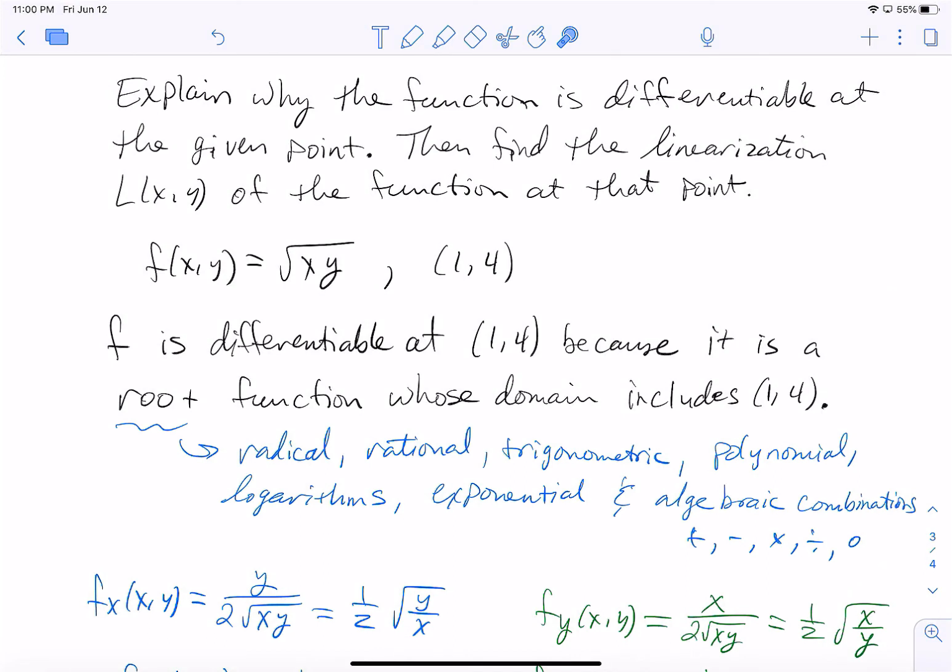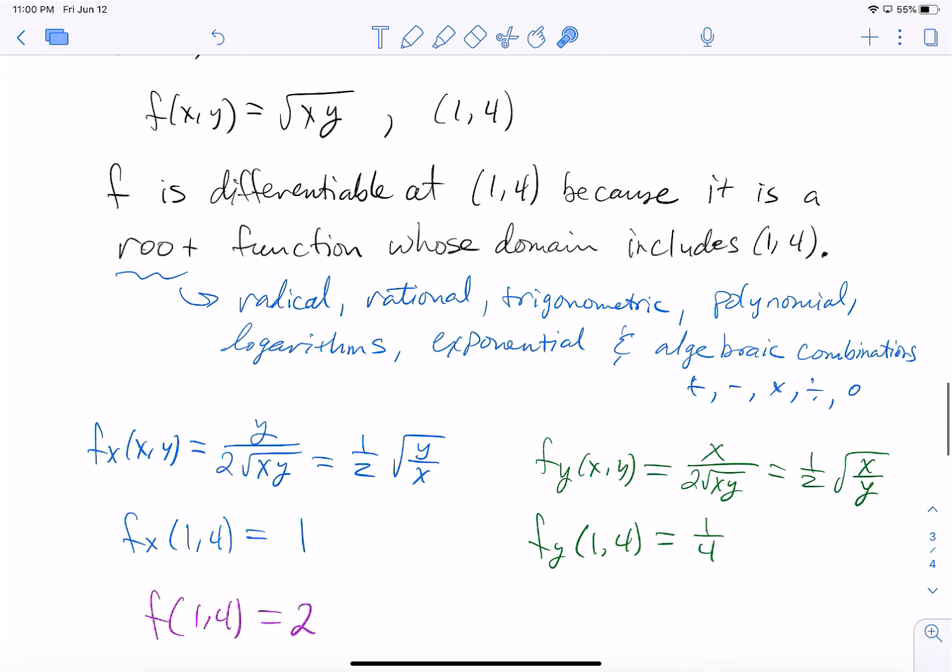And likewise, the partial with respect to y, f_y(x, y), is 1/2 times the square root of the fraction x over y. Evaluating those at (1, 4) gives us that f_x(1, 4) is 1, f_y(1, 4) is 1/4, and then we're also going to need a z at (1, 4), and so z at (1, 4) is 2 because it's the square root of 1 times 4.